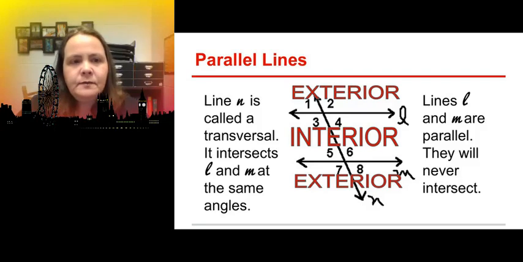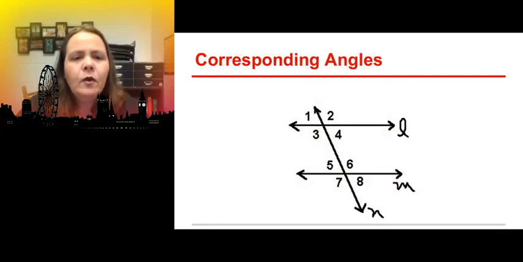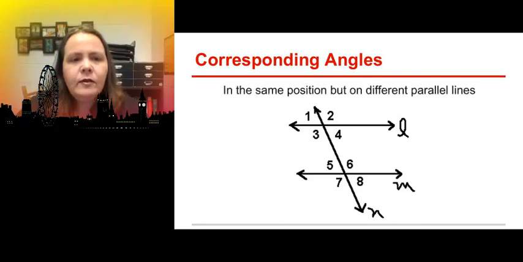Now, corresponding angles are in the same position but on different parallel lines. And in this case, we have angles 1 and 5. Those are corresponding angles. They are both to the left of the transversal N and above the parallel line.